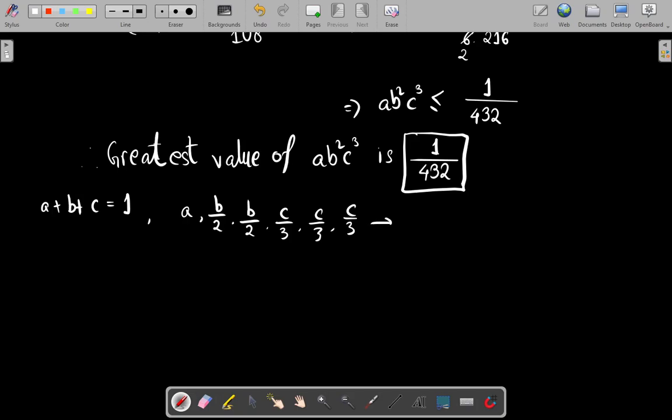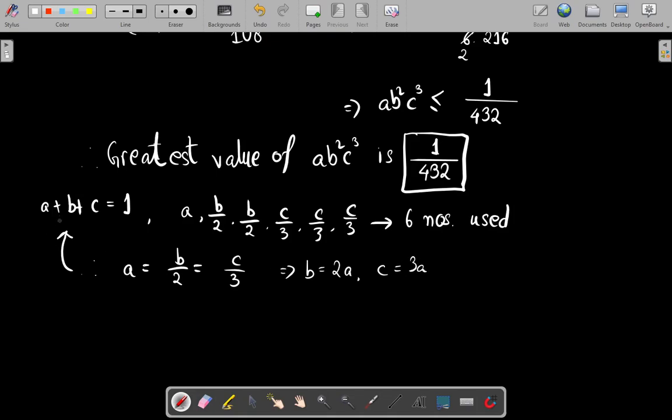These were the six numbers used for AM-GM, right? So if I equate a = b/2 = c/3 and back substitute, from this equation I get b is 2a and I get c is 3a.